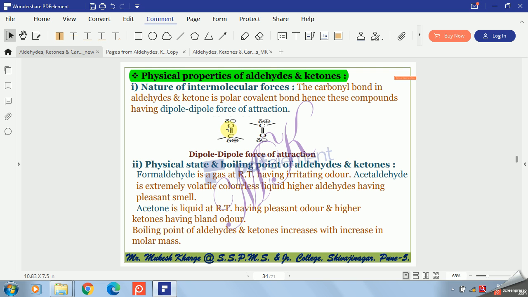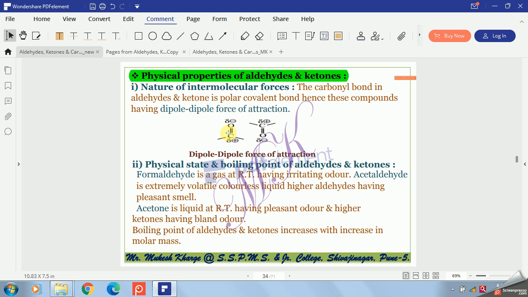So this carbonyl group is a polar group due to the polar covalent bond, and due to that if this group comes in contact with another carbonyl group of aldehyde, ketone compounds or carboxylic acid, then there is an interaction, and that interaction is called dipole-dipole interaction because there are two poles, positive and negative poles. Such a type of interaction is called dipole-dipole interaction or attraction.